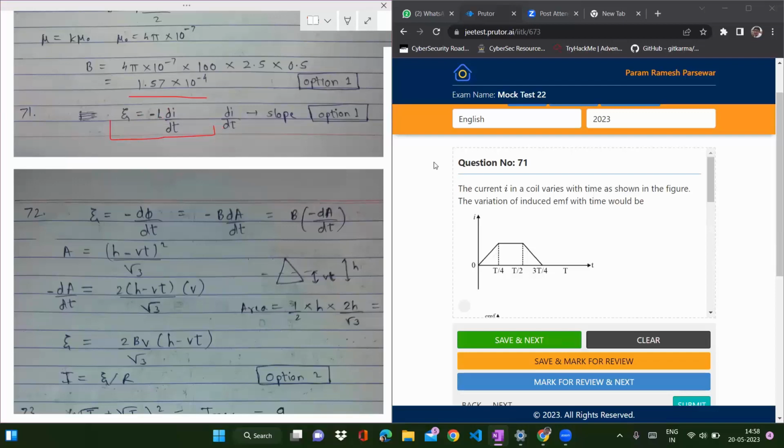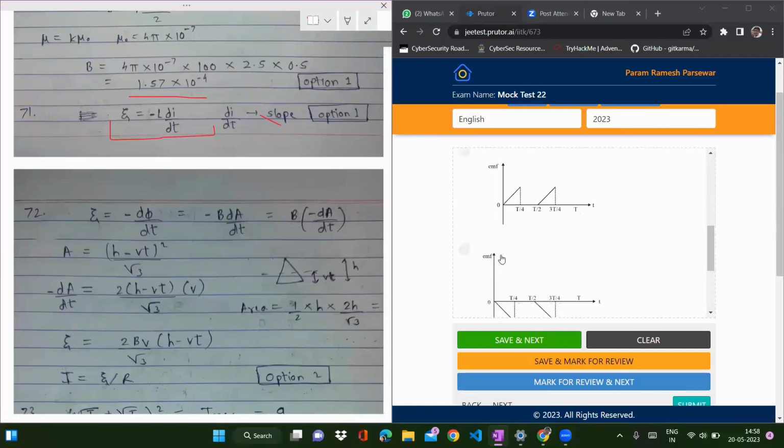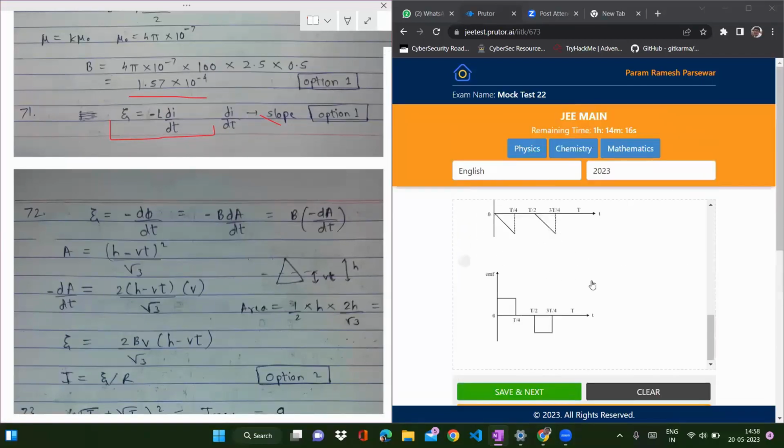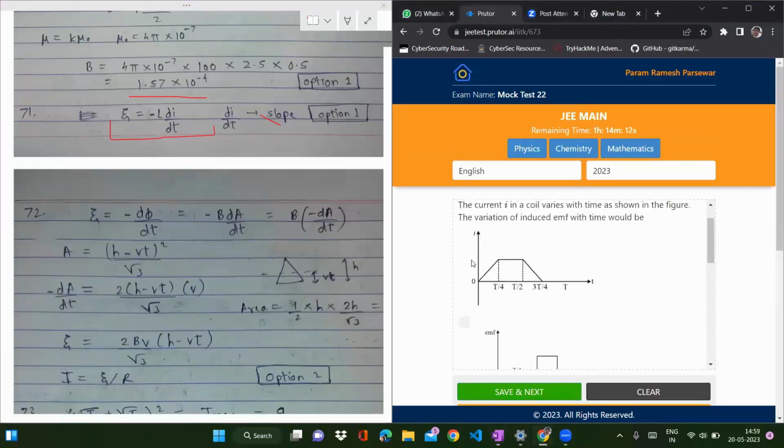Now, in this question, di by dt can be calculated from the slope of the plot, as the plot is I versus t, so di by dt will definitely be the slope. So just by the slope, we will have the idea of what kind of plot it will be for EMF versus time. In the region from t equals 0 to t by 4, the slope is positive.